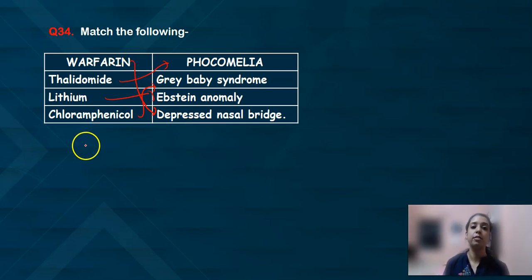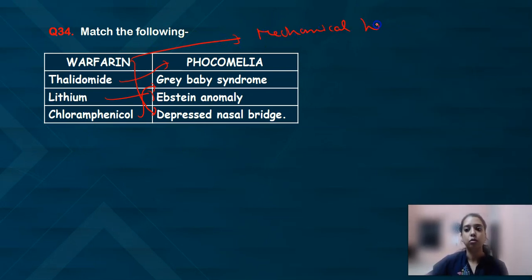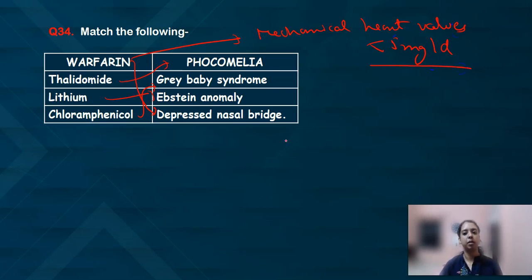That is why warfarin is not advised in pregnancy except in patients with mechanical heart valves. In them, a low dose of warfarin, less than 5 mg a day, is allowed. Whenever a patient has thrombosis risk, you prefer heparin, except in mechanical heart valve.